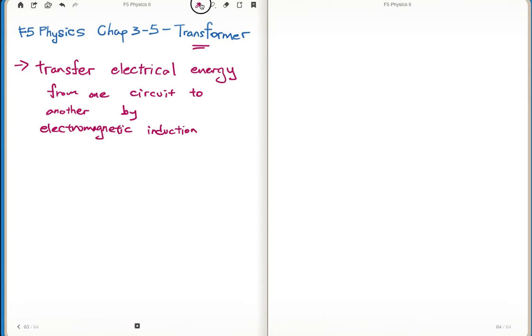Previously, I have gone through this already in my previous video. If we want to go back, what does electromagnetic induction mean? It's governed by Lenz's law. You may refer to my other video to look at the actual model. What does the transformer look like?